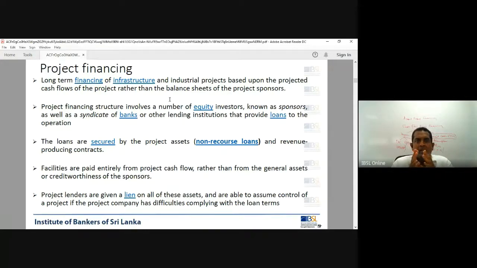Any project, there will be someone who is behind and who is doing the project, the owners of the project. Right? In my example earlier, it was Tata Group. It was Tata Group who was doing the project.